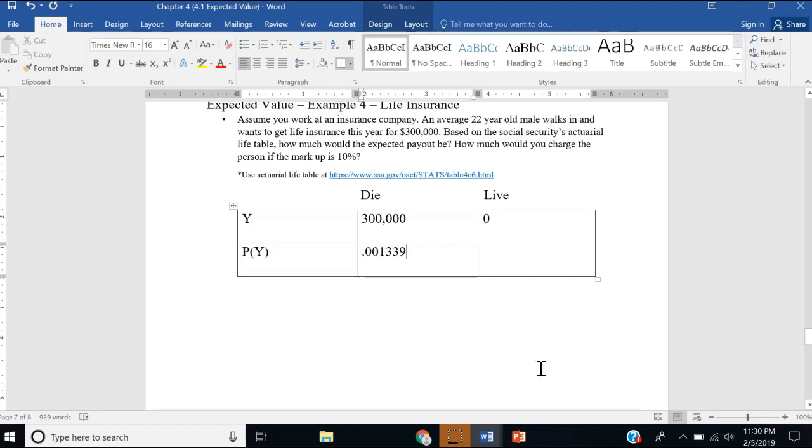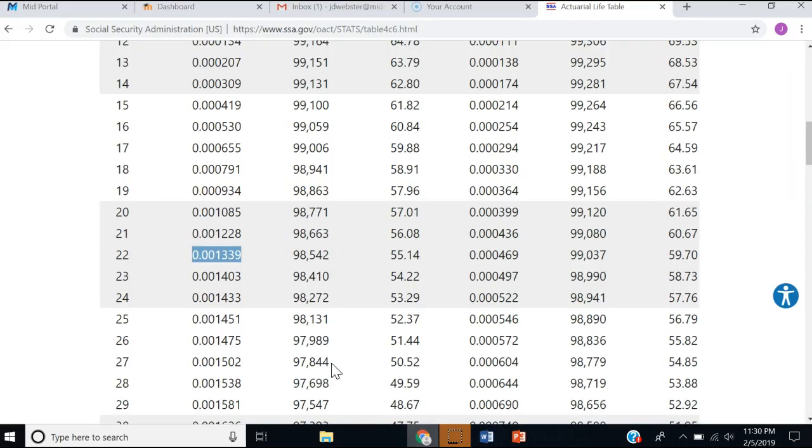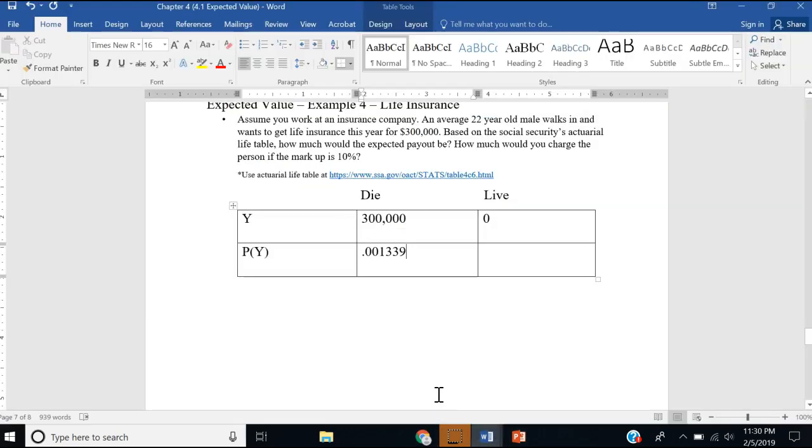Let me actually double check that, make sure I got that right. 0.001339. Now, just like we did before, we only have two options. Since they have to add to 1, this has to be the complement. So I'm going to take 1 minus 0.001339, and the complement is 0.998661.